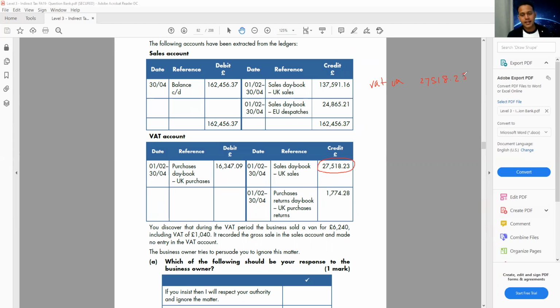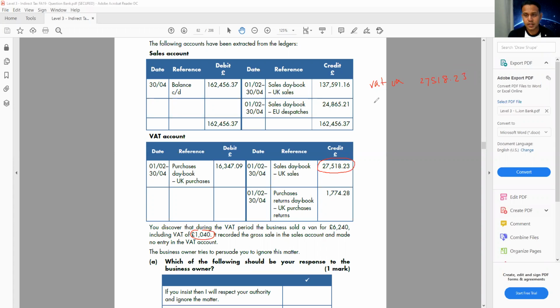Do we have anything to add here? We have one van we missed, isn't it? A van we have missed here. So we forgot to add the VAT.